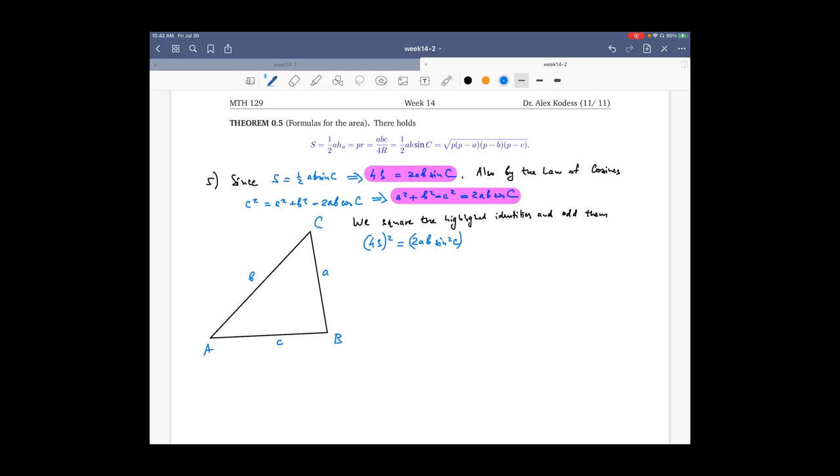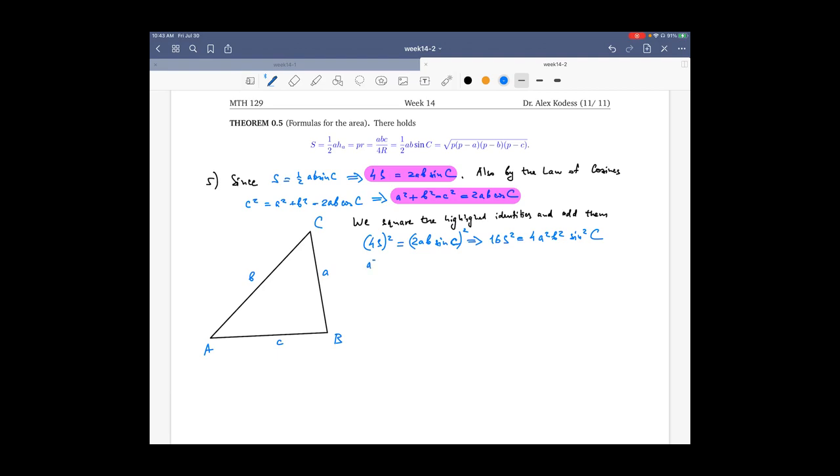That's the first identity. That means 16s squared, that should be sine c squared, equals 4a squared b squared sine squared c.